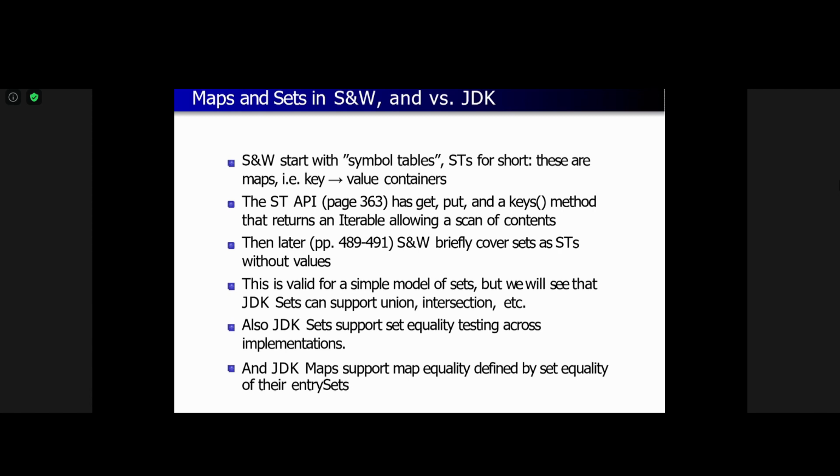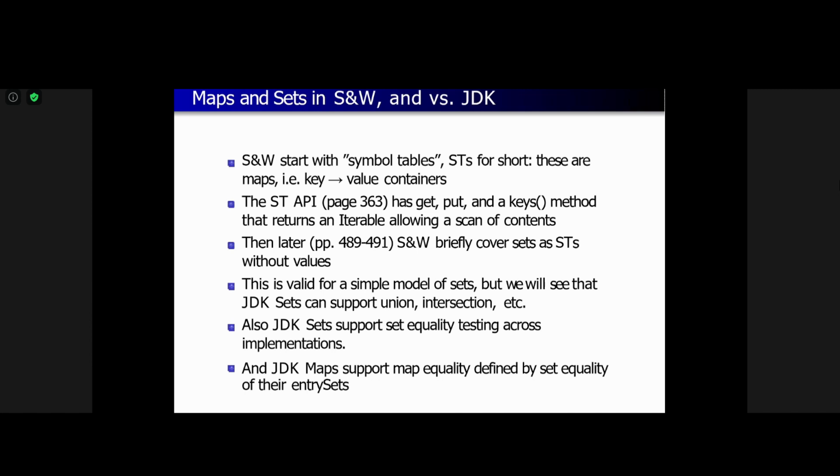Okay, so you can see this works for a simple model of sets, but we want to really study JDK sets even more than we have. We want to see how we can do set union and set intersection. You know, all the big, really set crunching methods. And we've seen that sets support set equality, even across implementations. It's pretty impressive.